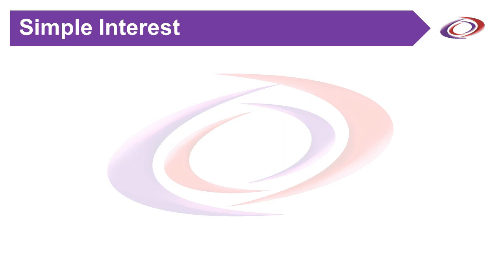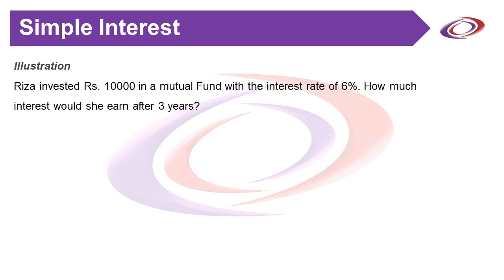Riza invested rupees 10,000 in a mutual fund with an interest rate of 6%. How much interest would she earn after 3 years? First of all, we will figure out what information is given in the question and what needs to be found out.